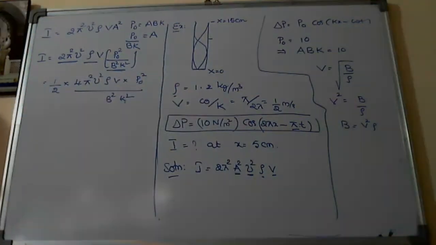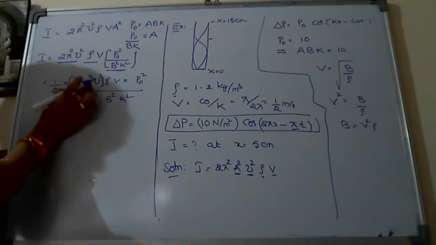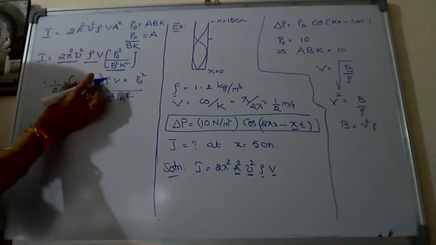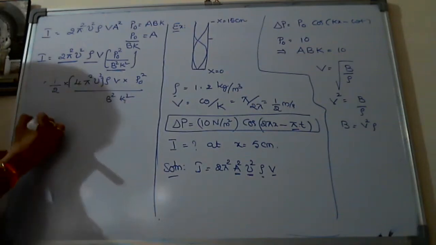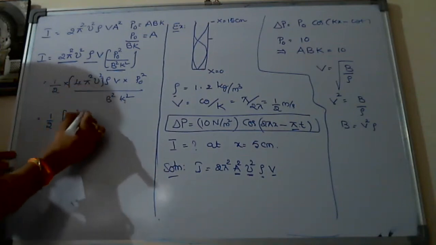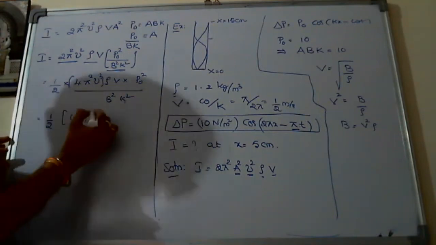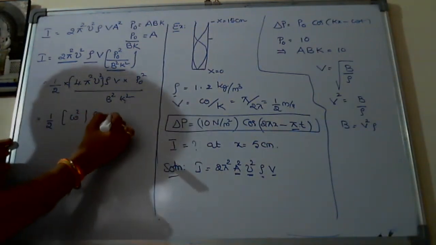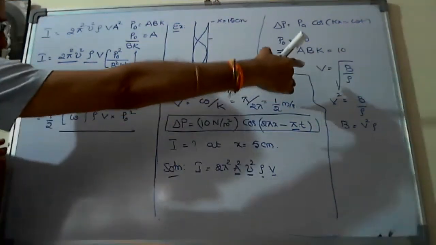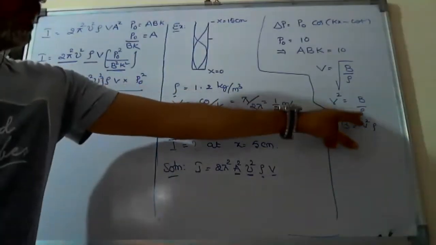What is the advantage? This part is 2 pi mu whole square, and 2 pi mu is nothing but omega. So here I replace 4 pi square mu square with omega square. Omega square rho v into P naught square by B square. From that I can write now, v square is equal to B by rho.